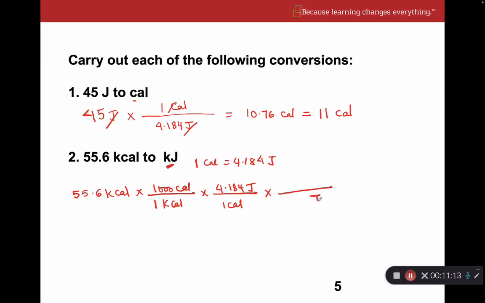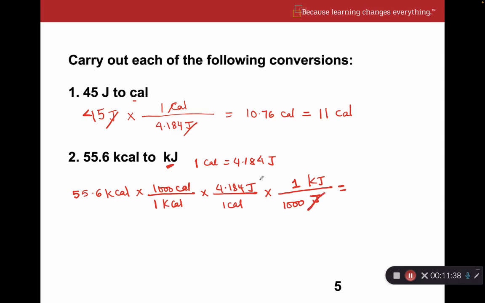I need to put joule on the bottom, kilojoule on the top. How are they related? I know 1 kilo of something is 1000 of that base unit. So 1 kilojoule is 1000 joule. Like 1 kilogram is 1000 gram, my bad. So I can place it there: 1 kilojoule is equal to 1000 joule.